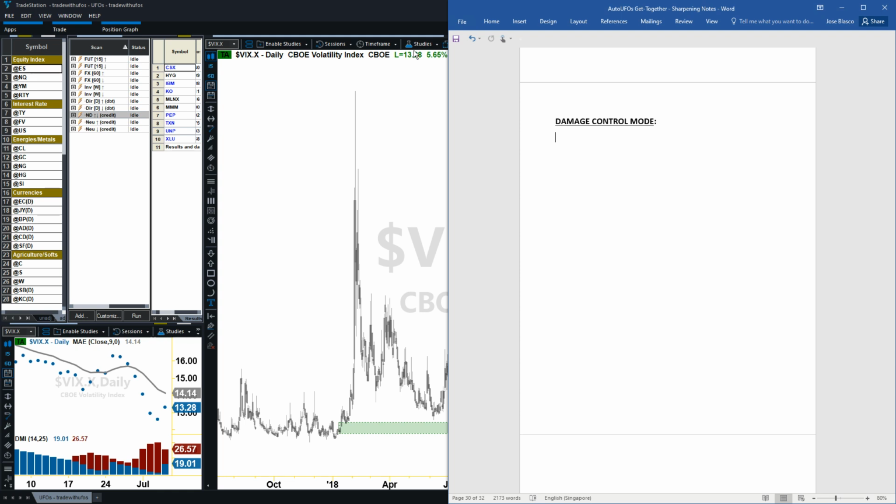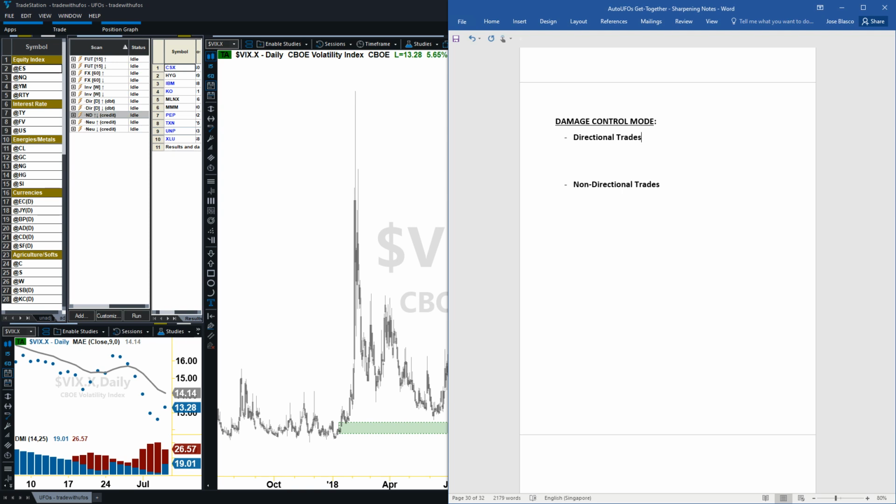Having said that, there are really very nice ways to tweak certain situations to really minimize the problem. So let's begin with understanding the two main groups that we're going to use for damage control. The two main groups will be damage control for directional trades and damage control for non-directional trades. Those are two groups where the way we apply damage control will be totally different.